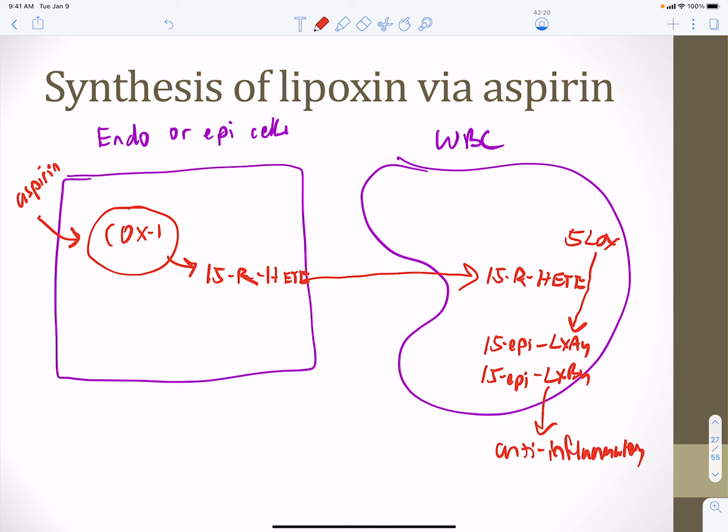Okay, so you're basically causing your immune cells to generate anti-inflammatory icosanoids by having aspirin present, which changes cyclooxygenase activity. So this is going to block the prostaglandins and push more towards your lipoxins, which are more anti-inflammatory.